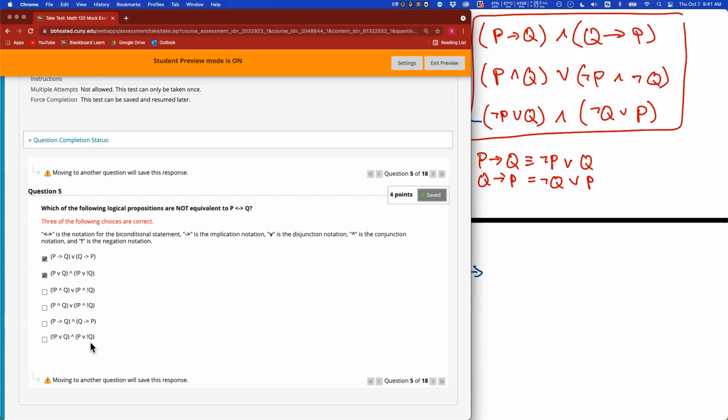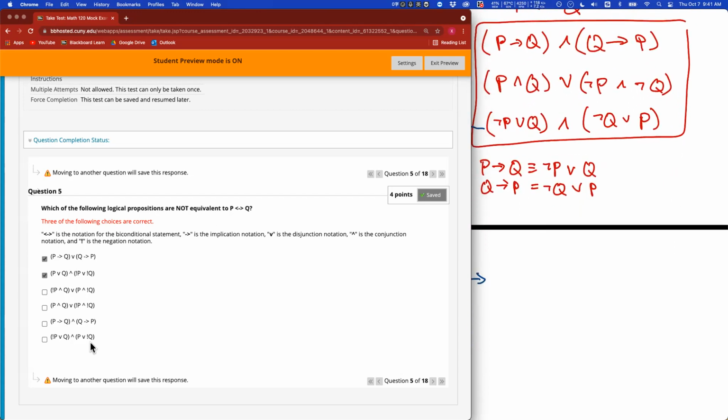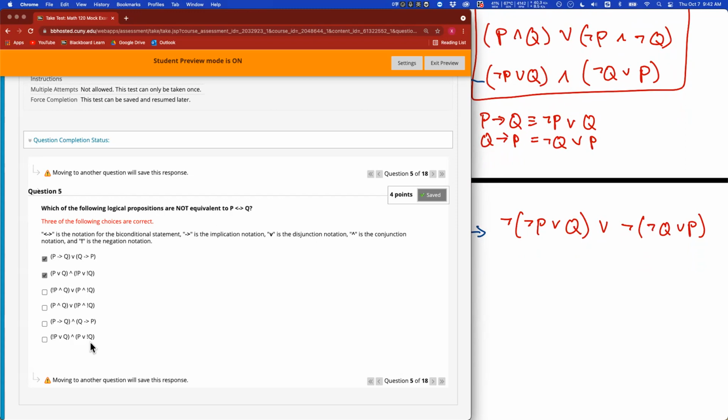Right, so that's from P implies Q and Q implies P. Now, if we negate it, you will get negation of not P or Q, or negation of not Q or P. And then you will apply De Morgan's law again. Then you have P and not Q, or Q and not P. And that will be the second statement.